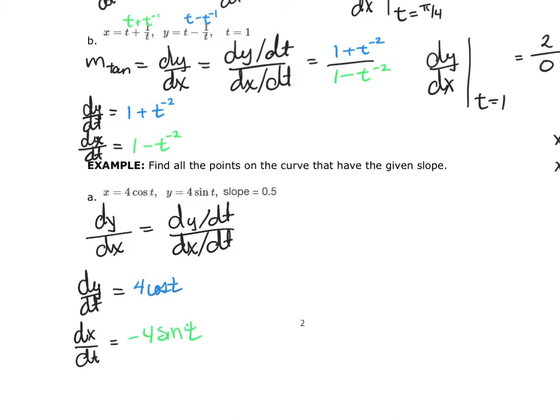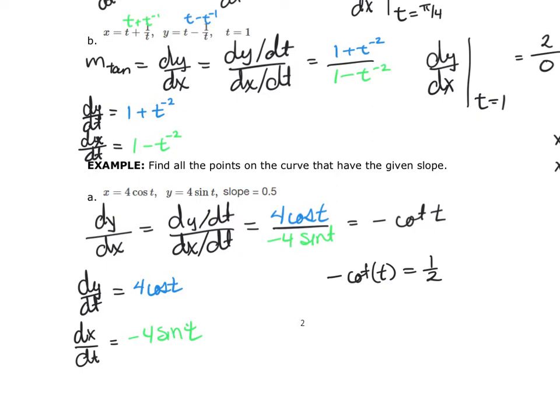So then dy/dt over dx/dt is 4 cosine of t divided by negative 4 sine of t, which we know is negative. Cosine over sine is cotangent, so negative cotangent of t. Now, negative cotangent of t must be equal to 1/2.